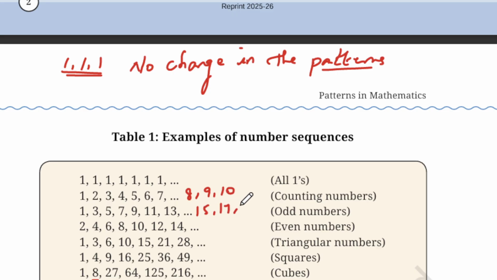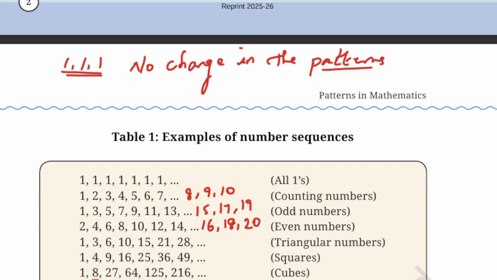If you write 20, 20 is divisible by 2, so that is not an odd number, that is an even number. So what is an even number? Even numbers are numbers that are exactly divisible by 2. We have 14, so next we can write 16, 18 and 20. All these numbers are divisible by 2.